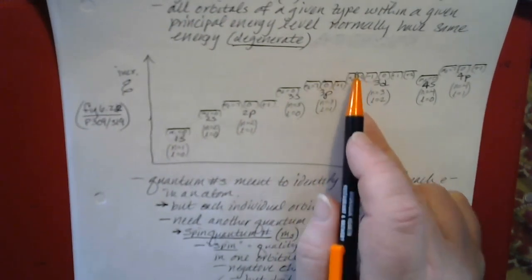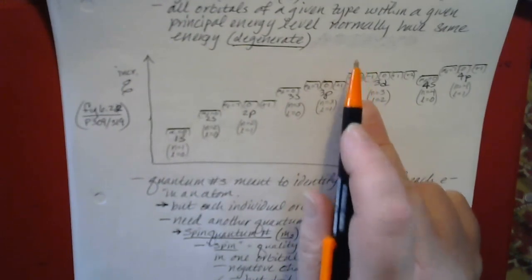Both of them will have m sub l equals -2 because they're in the same orbital, but one of them will have m sub s equals +1/2, and the other one will be -1/2. So that 4th quantum number will be different. At least one of the quantum numbers will have to be different if you're talking about 2 different electrons in the same atom.